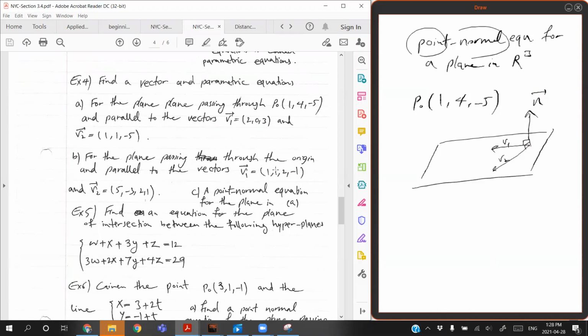If you have two vectors v1 and v2 and both of them are parallel to the plane, if I am able to find a vector that is orthogonal to both v1 and v2, then that vector would be orthogonal to the plane. So v1 in this case is (2, 0, 3), and v2 is (1, 1, -5).